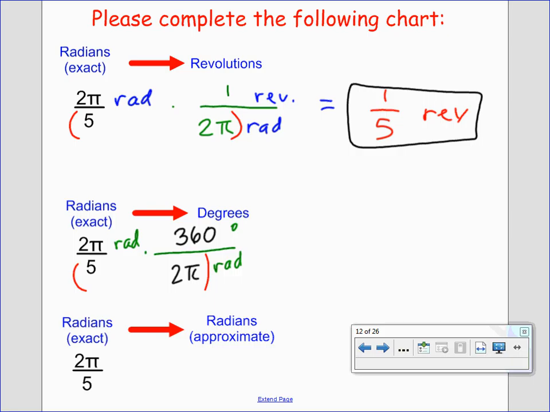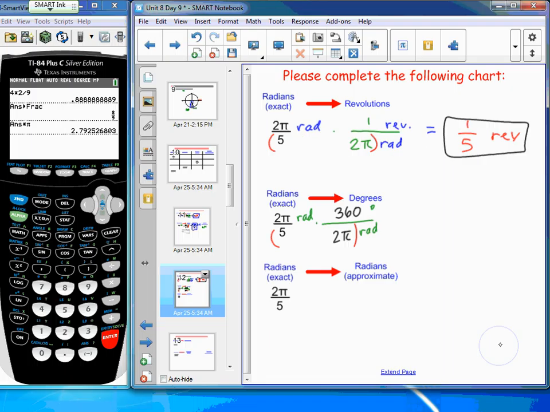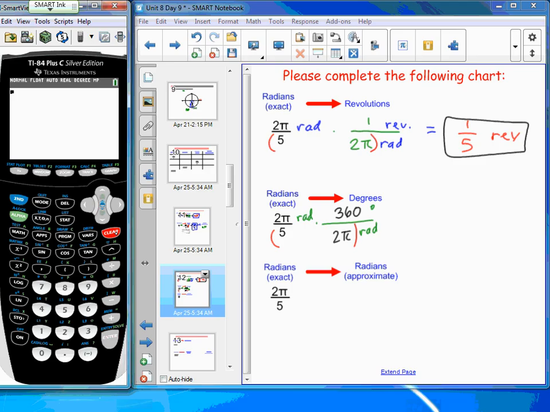Again, the 2 pi's will cancel out in this case, and I'm going to be left with 360 divided by 5. Or I can practice with my calculator. 2 pi times 360. I'm going to divide by parentheses so I don't mess up. 5 times 2 pi, close parentheses. Voila! I get 72 degrees.